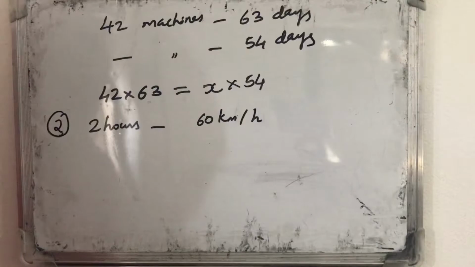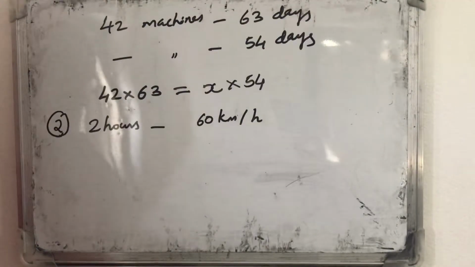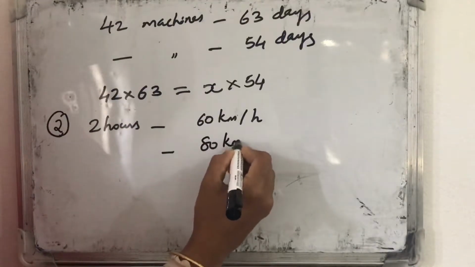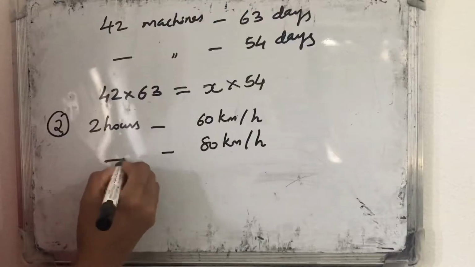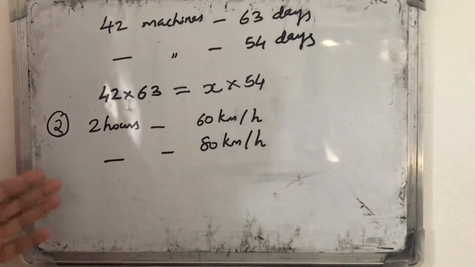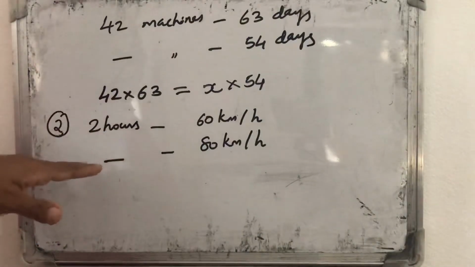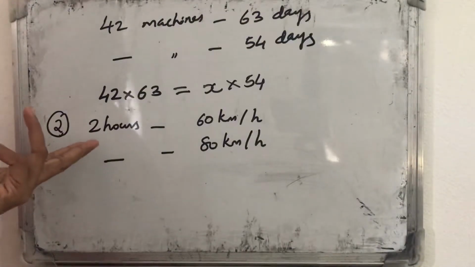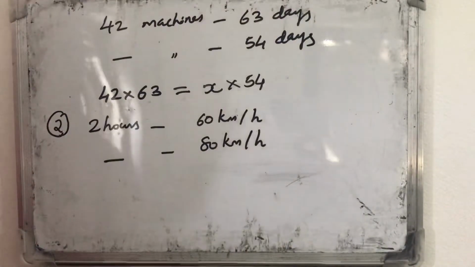And how long will it take when the car travels at the speed of 80 km per hour? If the speed is changed to 80 km per hour, how much time is needed? That is, how long will it take. If the speed is 60 km per hour, how many hours are needed? 2 hours are needed.